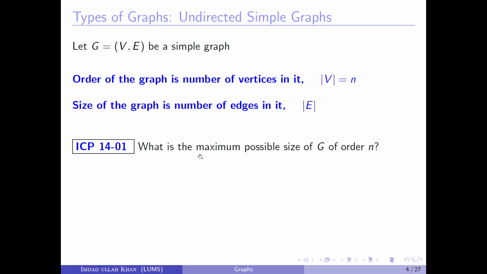The question is on maximum possible size. Try to draw some examples, pause the video over here, try to come up with the answer, and then you can match your answer with the one which you'll see on the slide in the next moment.